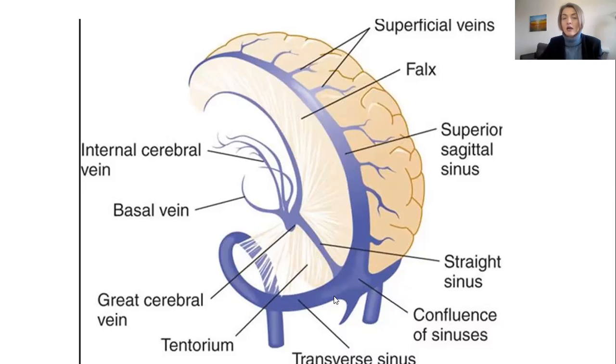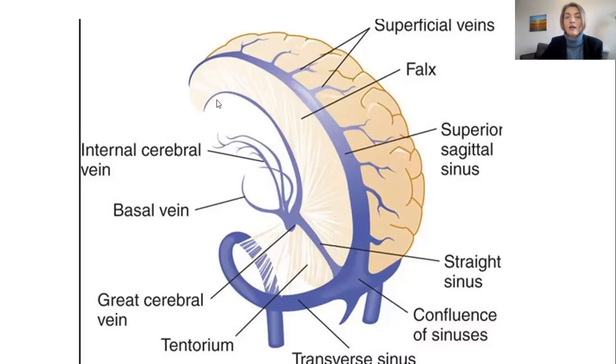The confluence of sinuses is the place where the superior sagittal sinus, straight, occipital and transverse sinuses meet. Returning to the sagittal view, we can see a smaller sinus, which is located inferiorly and runs within the free border of the falx cerebri.